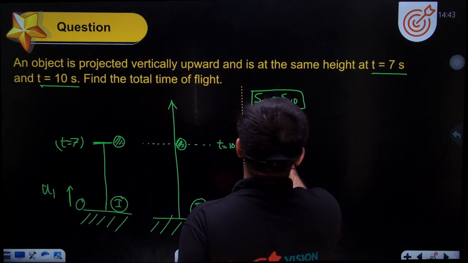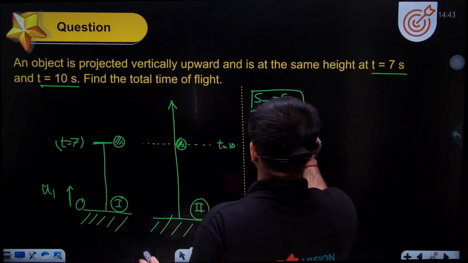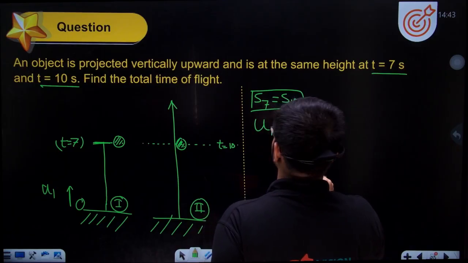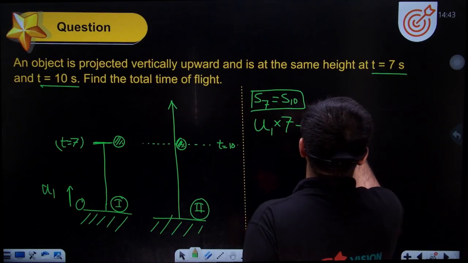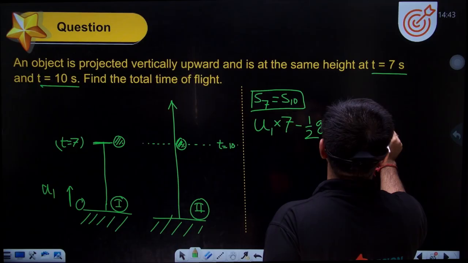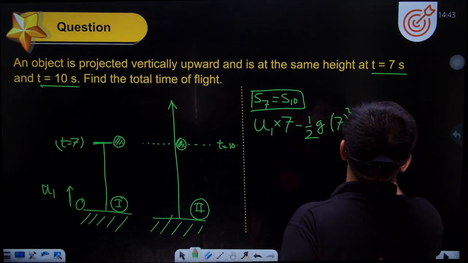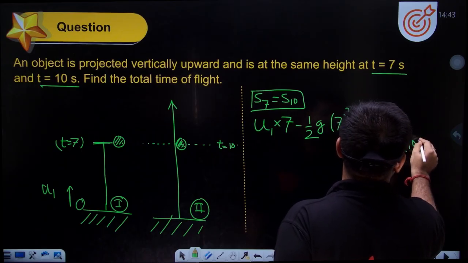So u1 into 7 minus half g 7 square is equal to u2 into 10 minus half g into 10 square.